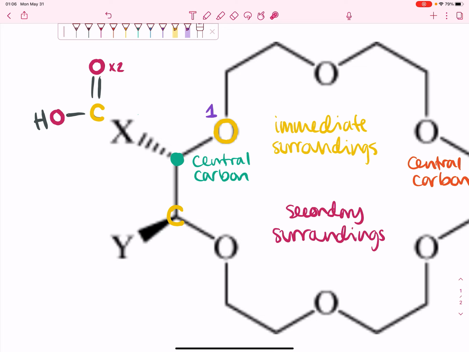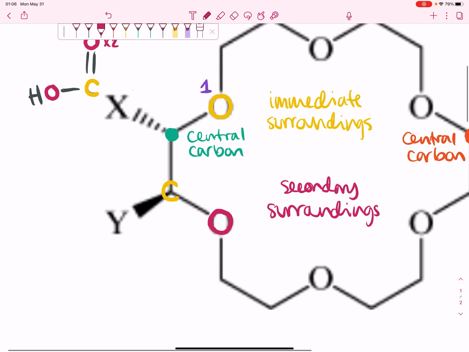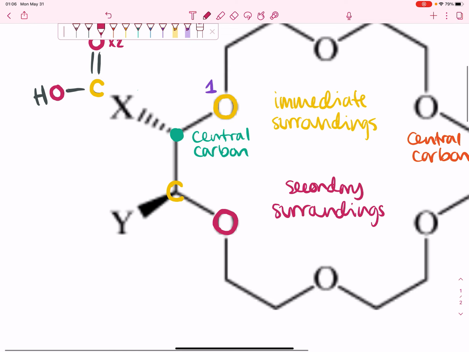So technically this carbon is attached to 3 oxygens. Now this carbon on the bottom here is an oxygen, and then the Y substituent, the amide right there, so it's a carbon. That's all we care about in this situation.